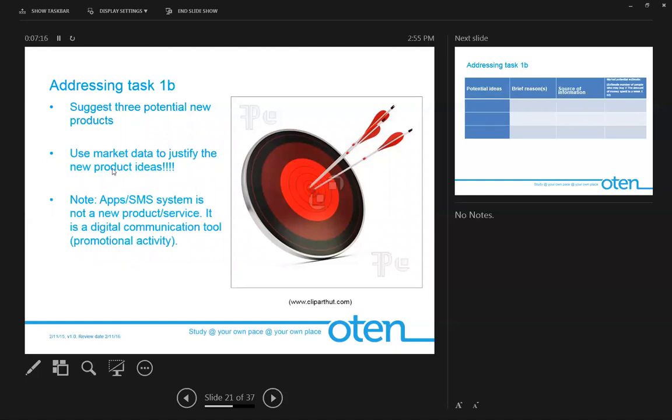Guys, please make sure that you stay away from ideas like apps, SMS systems, or loyalty cards, because they are promotional tools. Apps and SMS, for instance, are digital communication tools, part of integrated marketing communication or promotional activity. So please stay away from those. We want you to drive the innovation through bringing new business ventures with these units. We need that kind of idea to drive the growth.